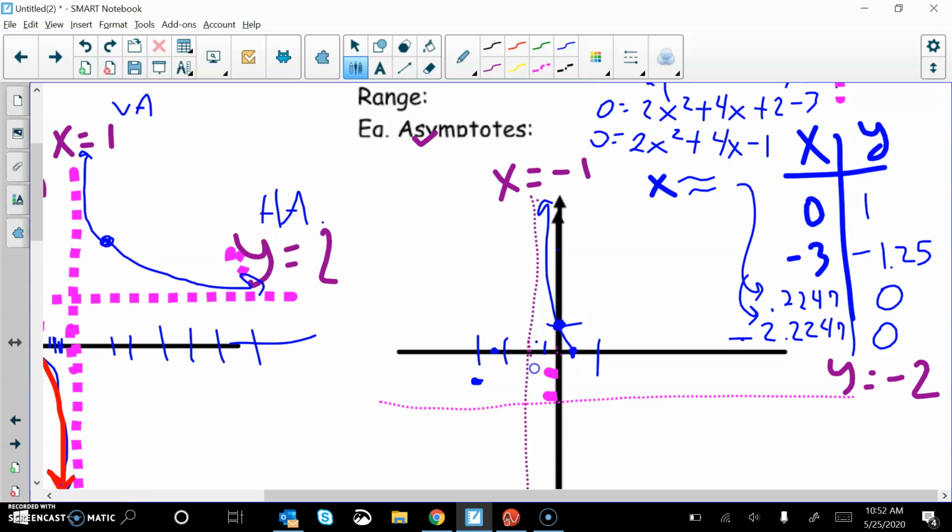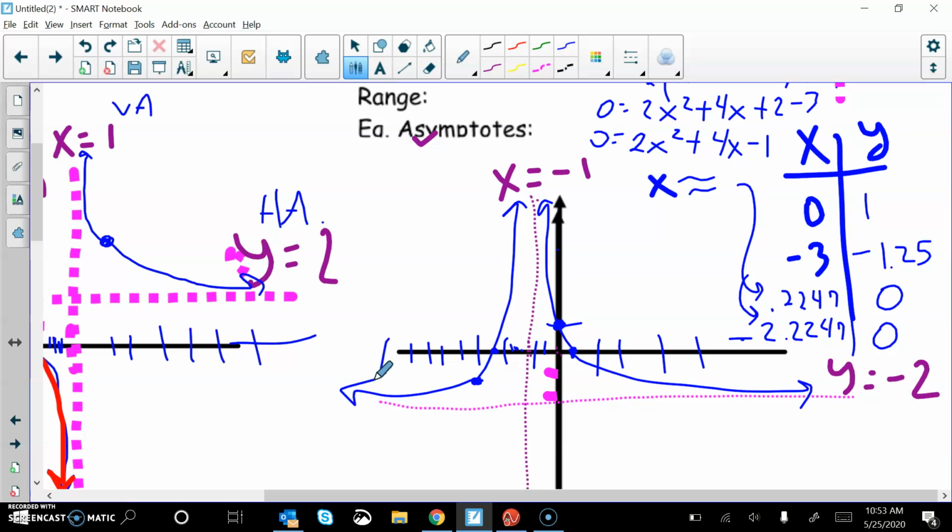As x gets closer and closer to -1, the y's blow up. As x gets larger and larger, the y's approach -2. On the other end, as x approaches -1 from the left, so here to here, the y's blow up as well. As x gets really small, -100, -1,000,000, it approaches -2 as well.